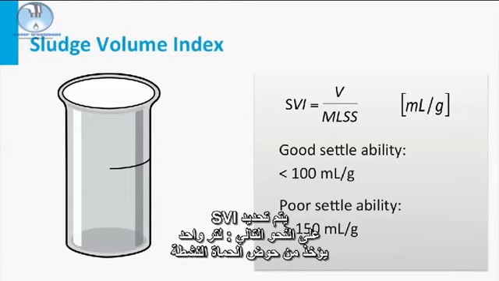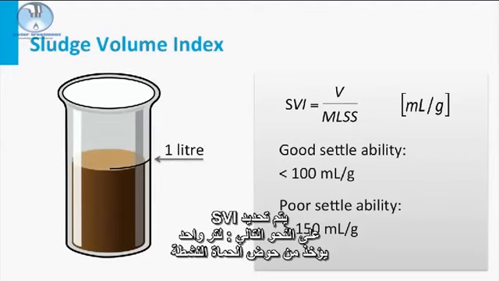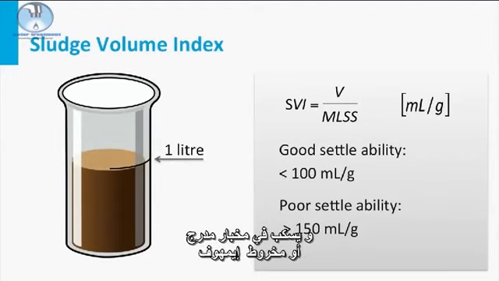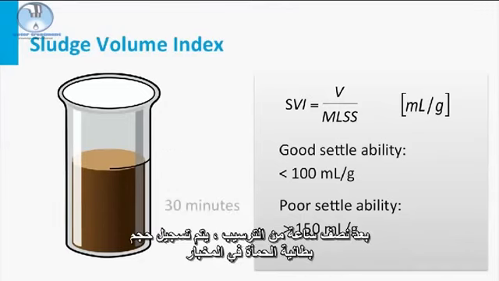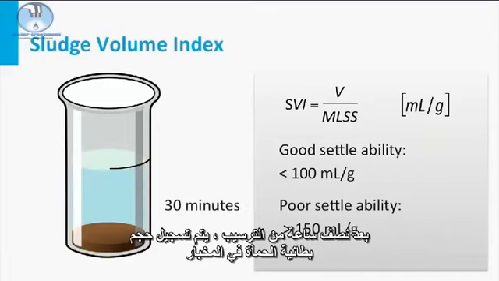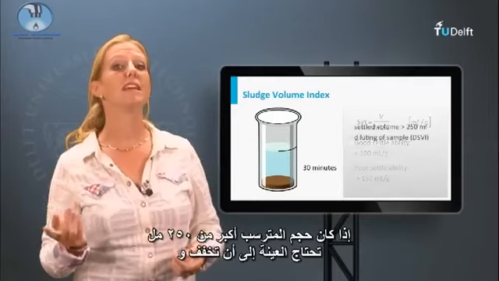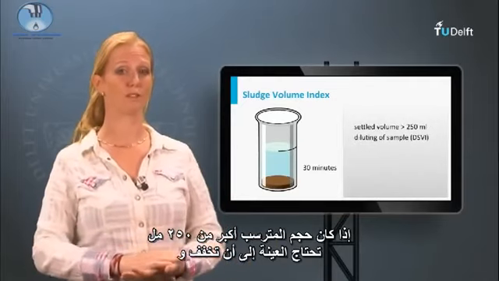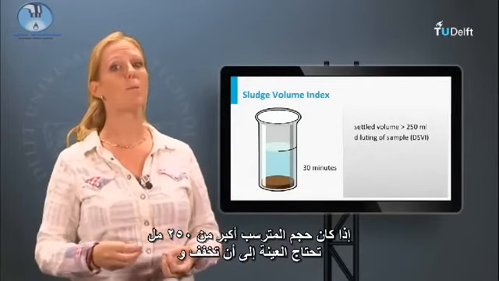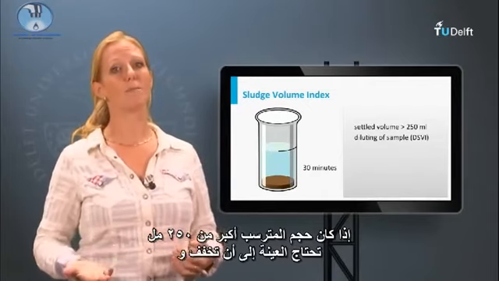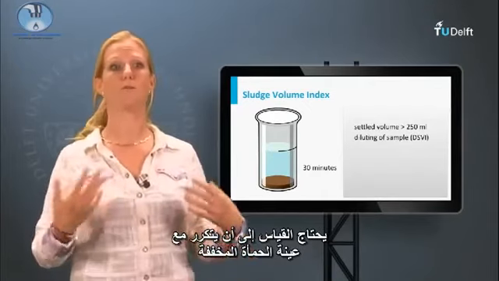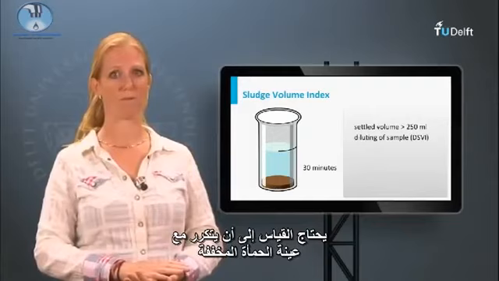The SVI is determined as follows. 1 liter of mixed liquor is taken from the activated sludge tank and poured into a measuring cylinder or Imhoff cone. After half an hour of settling, the volume of the sludge blanket in the cylinder is registered. If this settled volume is larger than 250 milliliter, the sample needs to be diluted and the measurement needs to be repeated with the diluted sludge sample.